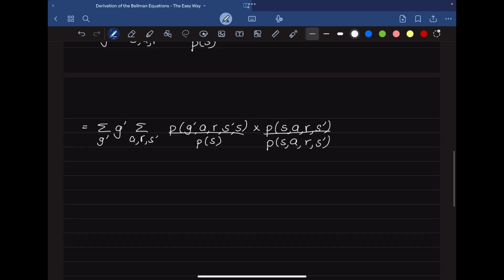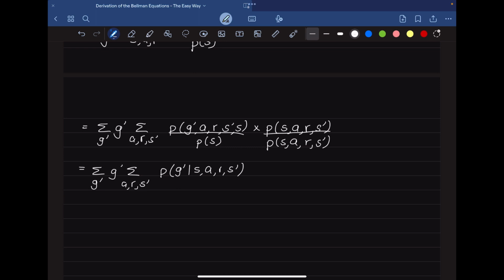And so now if you again consider this particular expression, what this will evaluate to is a conditional probability: the probability of getting this return in the next time step given that we were in the state s, we took action a, we got the reward r, and we came in the next state s prime.